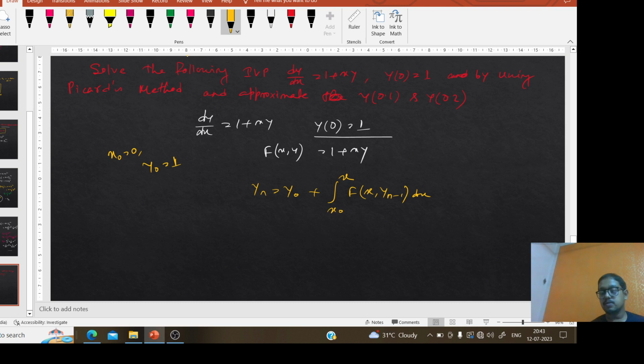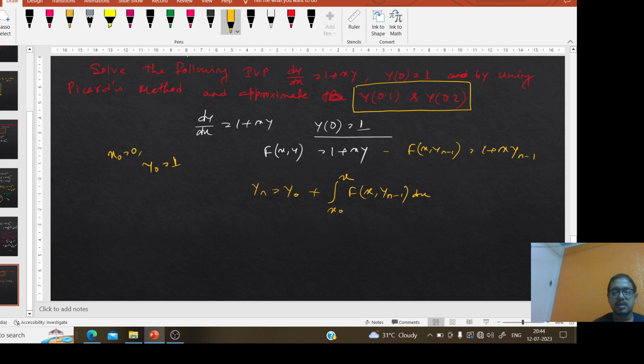So here f of x comma y(n-1) is 1 plus x y(n-1). So here in Picard's method, I also have to approximate y of 0.1 and y of 0.2. So whenever we have to find approximations of some value, we will always take at least 3.